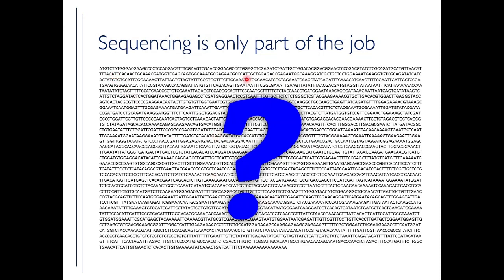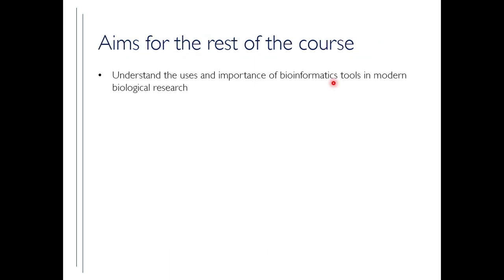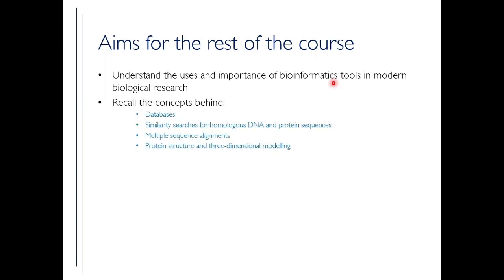It's all well and good sequencing, but you then need to overlay on top of this the information that you need. So just to wrap up, the aims for the rest of the course are to understand the uses and importance of bioinformatics tools in research, and to recall concepts behind the things I talked about, which is what you'll be doing.